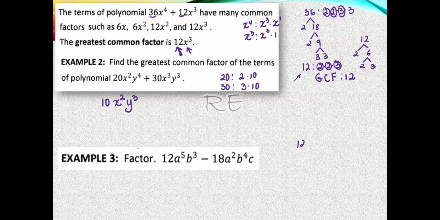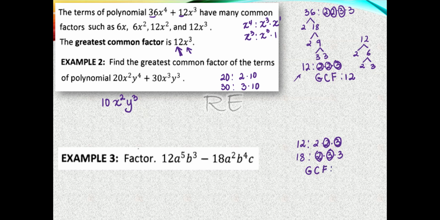Now, for example, 12 is 2 times 2 times 3, and 18 is 2 times 9, which is 3 times 3. So the GCF between 12 and 18 is 6.